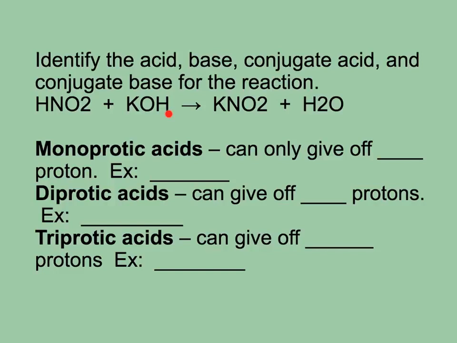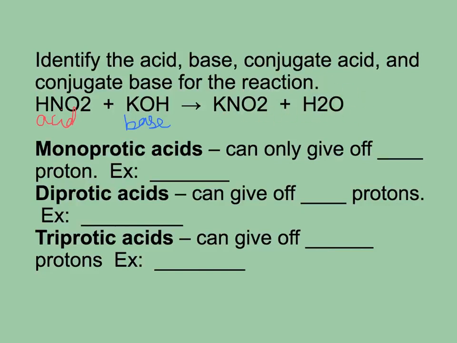Now, according to Bronsted-Lowry, not all bases have an OH in them, but if they have an OH, hydroxide ion, that means it's a base. So that's pretty easy to figure out, I think, this side, that this is my acid, and then let's make that my base.